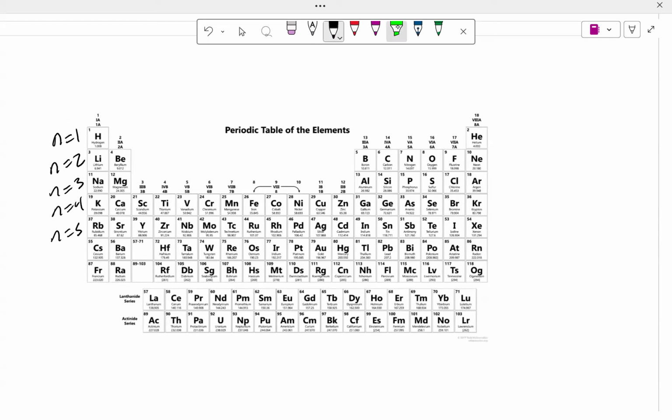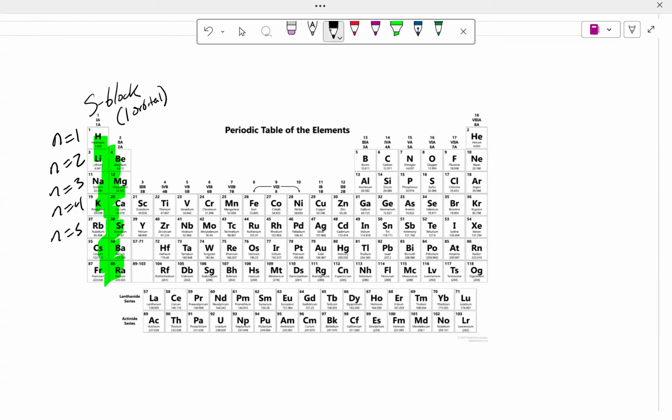So these first two columns we said were our S block. Now I want you to notice something here. So this was our S block. How many orbitals are in an S subshell? I'm going to pause there. I want you to think about it. One orbital, because an S subshell is one orbital.